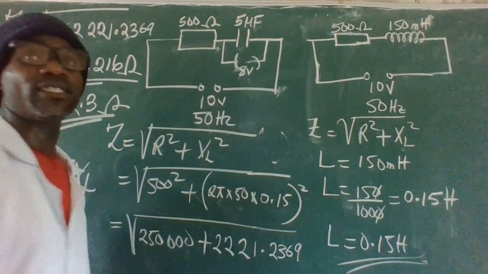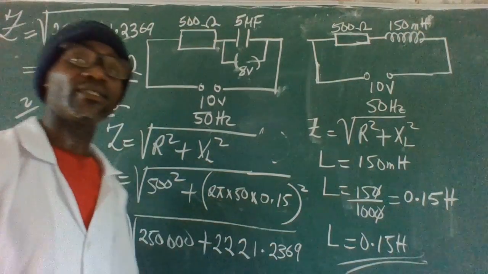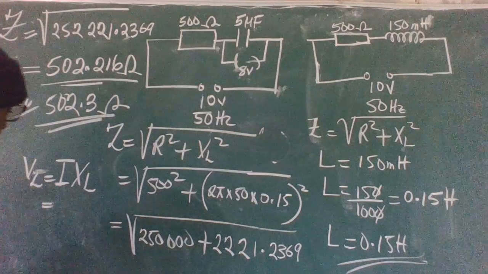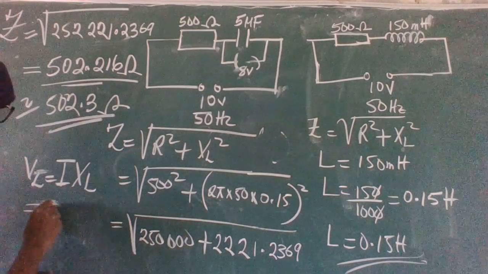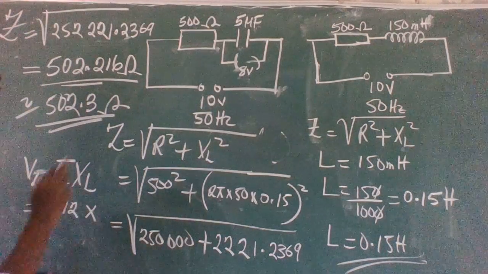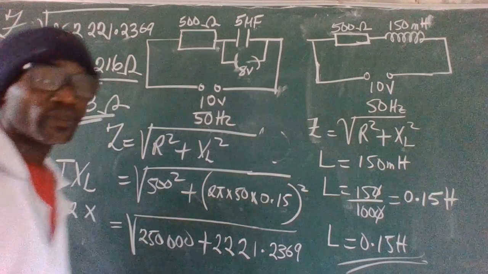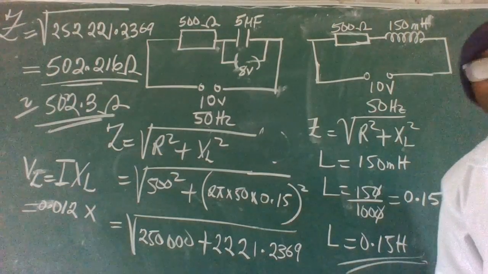But we squared it, so we have to evaluate this without squaring it. Quickly. Current is known to be 0.012 times the value of the inductive reactance. Let's find the inductive reactance. Once we do that, we are done.